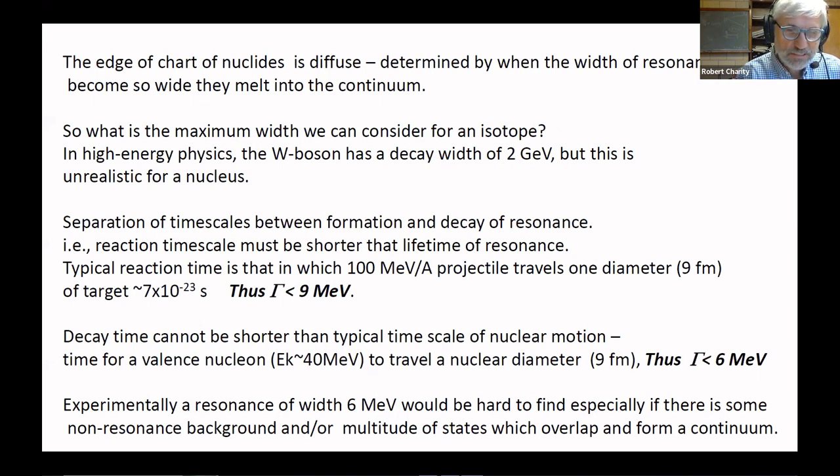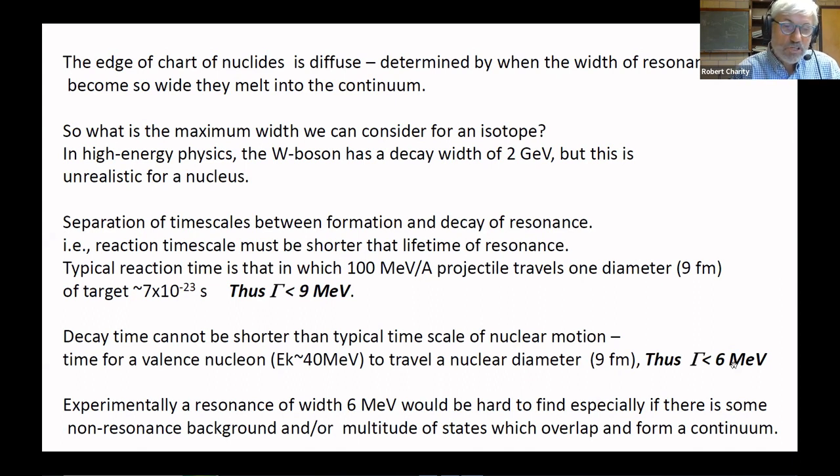I'm not sure exactly in all cases, but one would imagine it would be something like how long it takes a valence nucleon to travel from one side of the nucleus to the other. So it's sitting in the mean field. I'm saying it's like 40 MeV above the mean field. You can pick some different numbers if you like, again a target diameter, but I get a similar number for the maximum width.